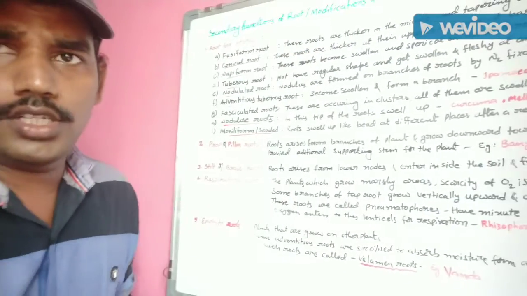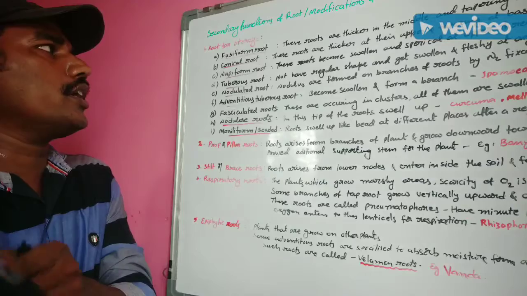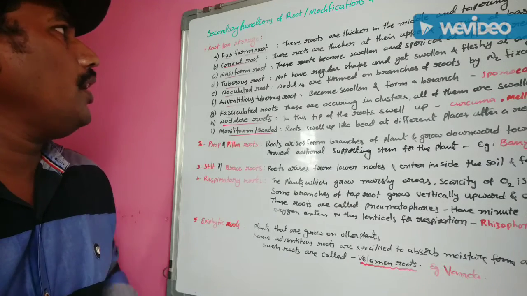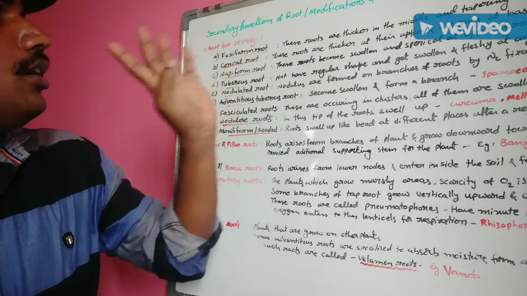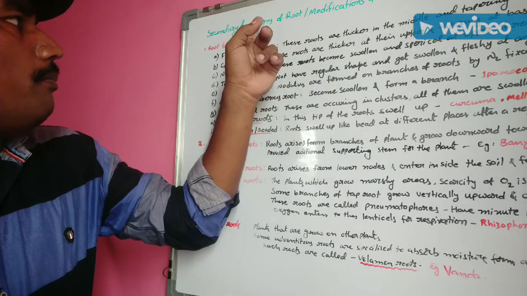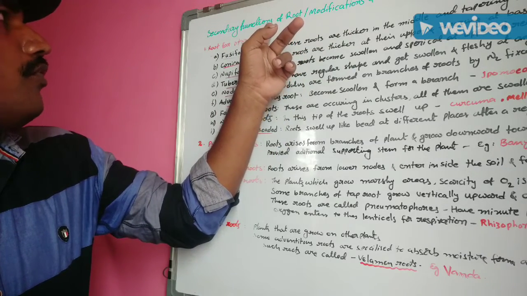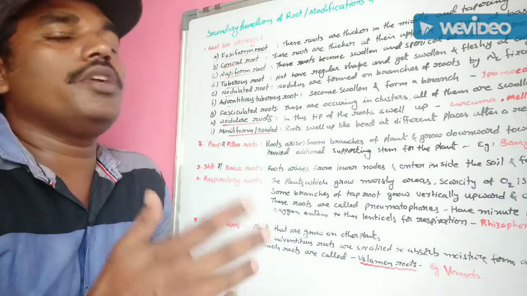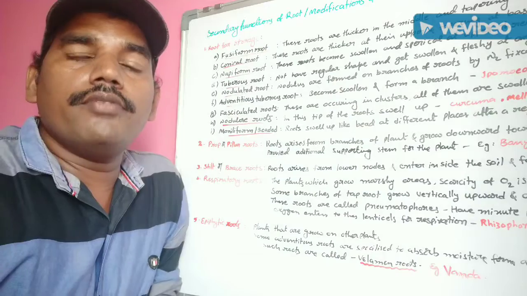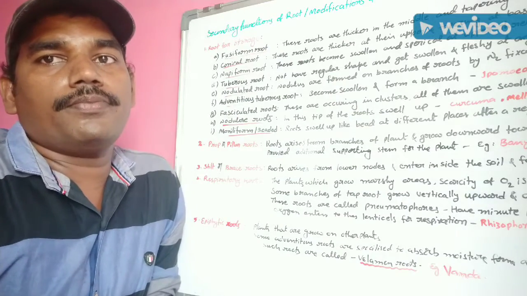And secondary functions. What type of secondary functions are done by root? In performing secondary functions, the root is modified into different types in its morphological structure.